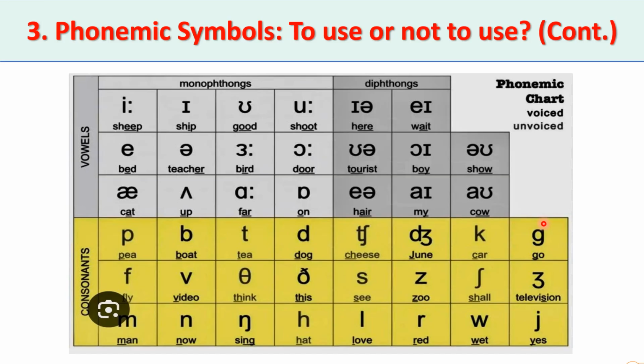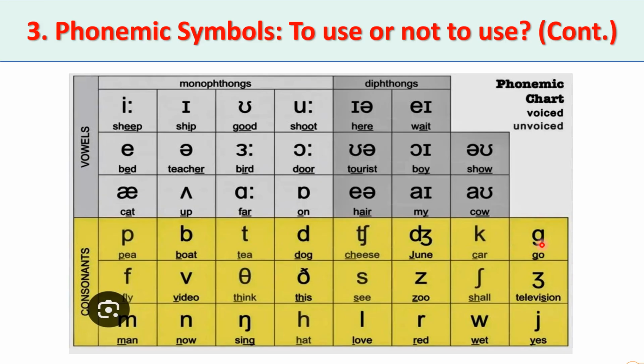Next, for young learners who are 6 to 9 years old, this is called early primary or elementary level. At this level they are so young, so most of them will be confused about IPA.